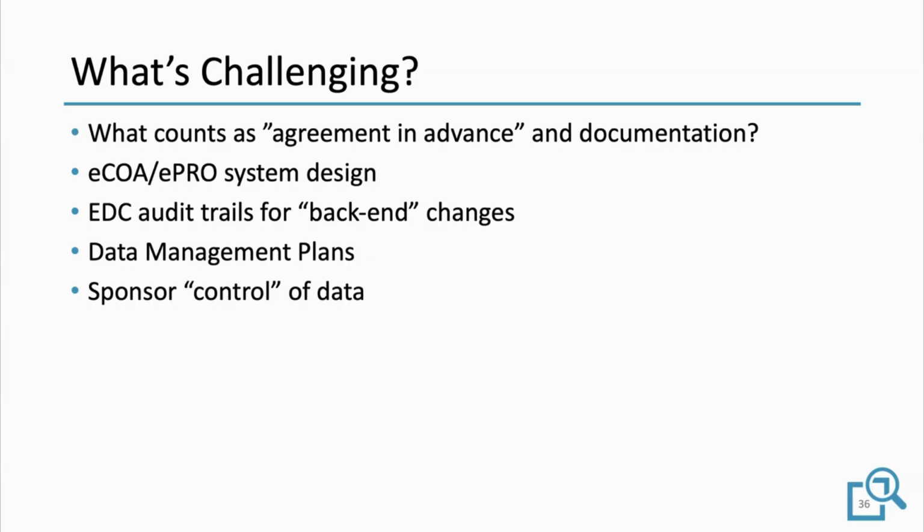So for example, if we cut off read access to an EDC system for the sites, and then the sponsor keeps it offline for a month, and then the sponsor produces eCRF representations and sends them to the site, in theory, the sponsor could have changed the database while it was offline, or they could have changed the PDFs, right? Because they have exclusive control of the data in that scenario.